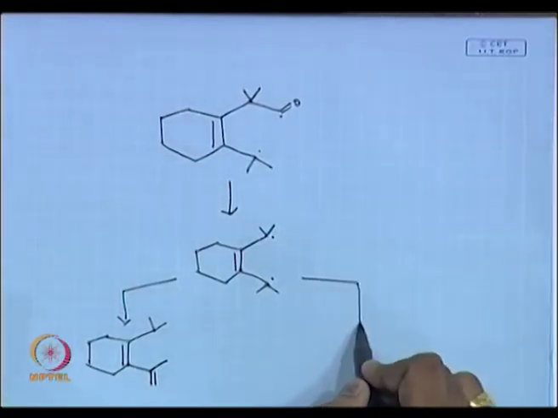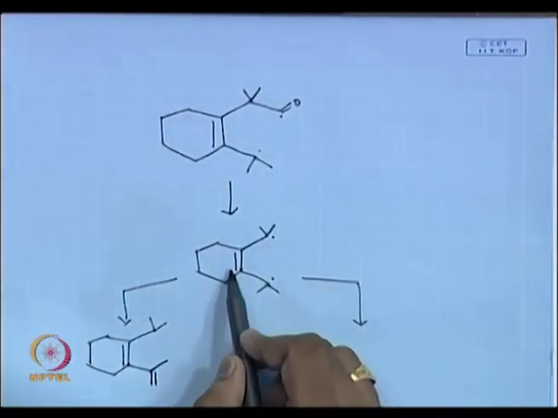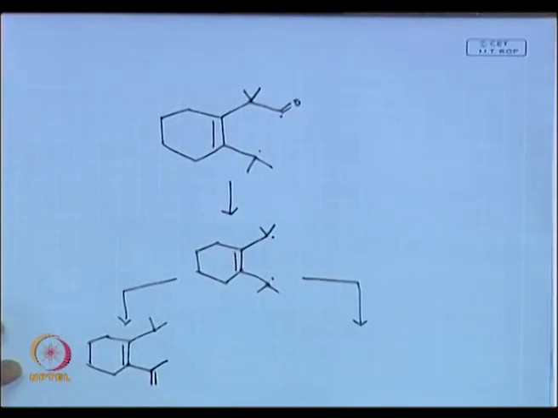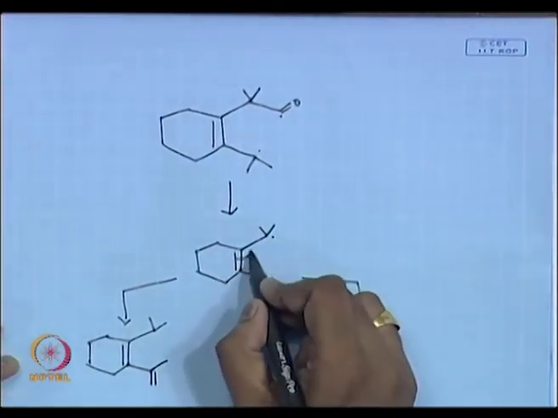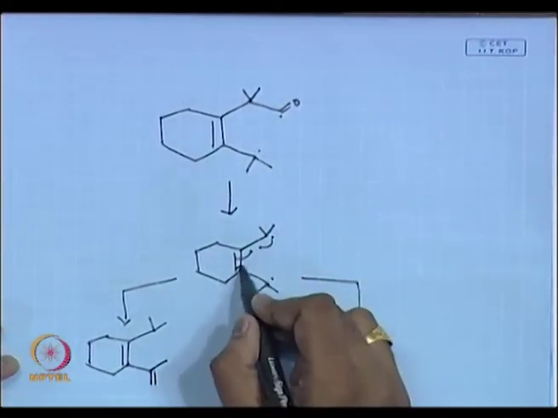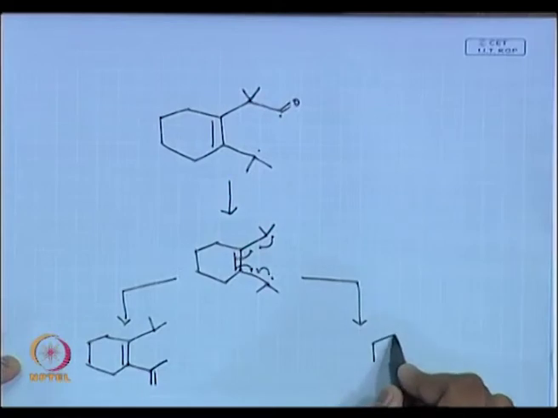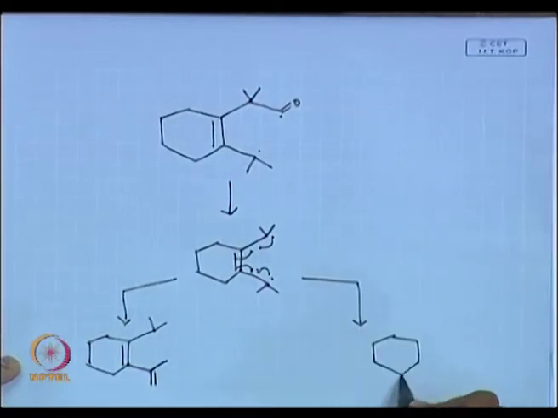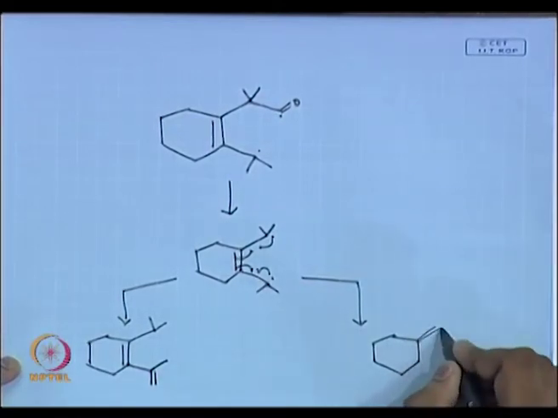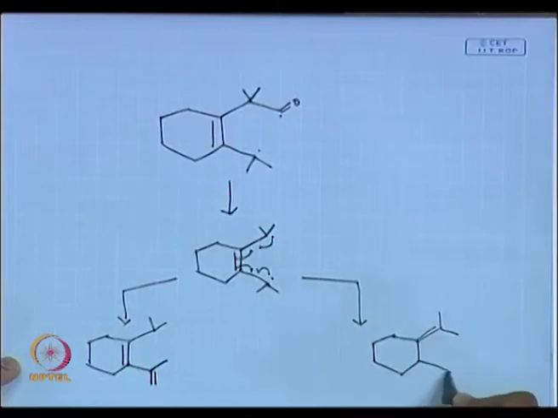But since there is a double bond involved, I have to use this double bond somewhere. So, what happens? I can use them for making a bond, right. I got a very nice product, but you cannot avoid this.